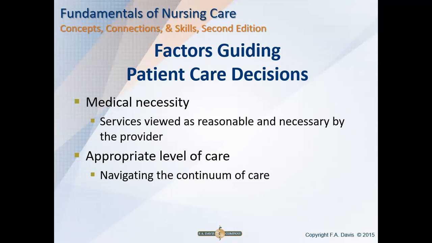Patient age is important, patient gender is important, adherence to the treatment, inappropriate behavior, chaotic lifestyle, frequent non-attendance for follow-up appointments, all are the factors, right? All of the factors for patient care decisions.